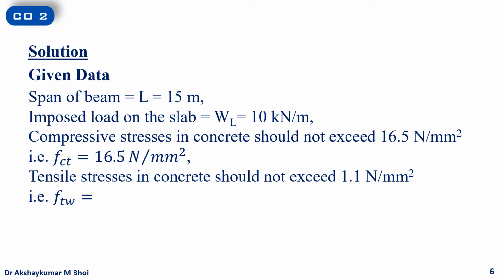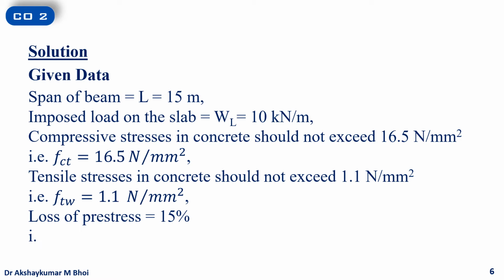That means FTW, that is tensile stress in concrete at working, is limited to 1.1 Newton per mm square. The loss of pre-stress is 15%. That means the loss ratio is 0.85, and finally the width of the section is 300 mm.